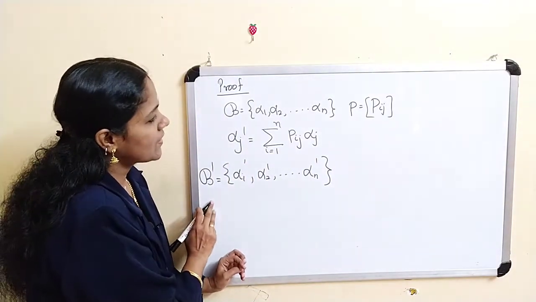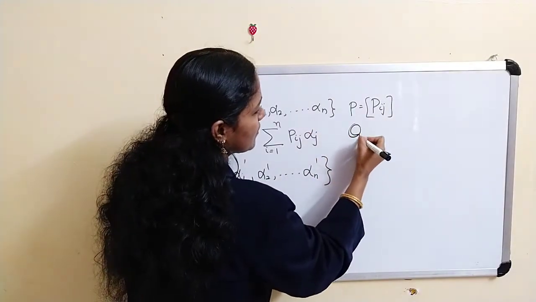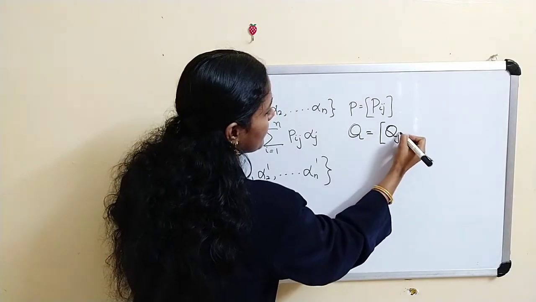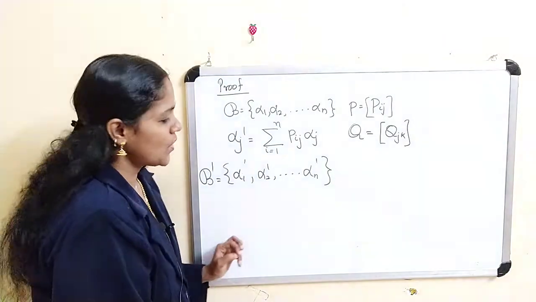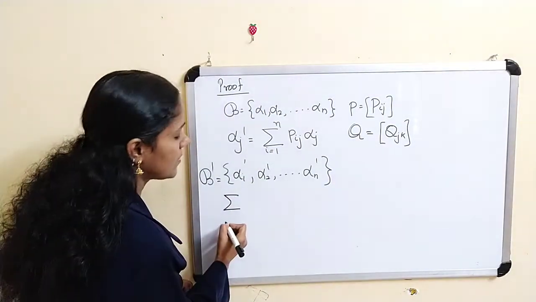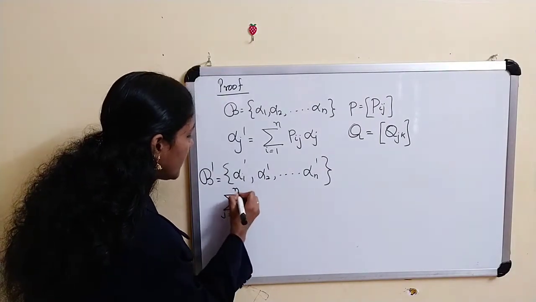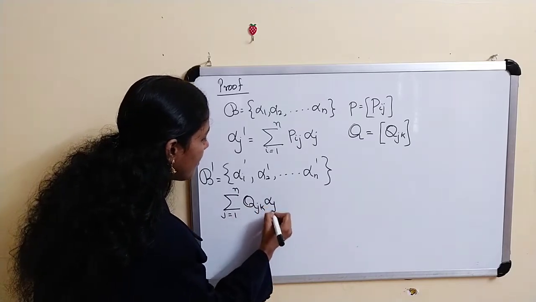For this, given P is an invertible matrix, let matrix Q be the inverse of P and let it be Q j k. Now what is sigma j varies from 1 to n, Q j k alpha j dash?